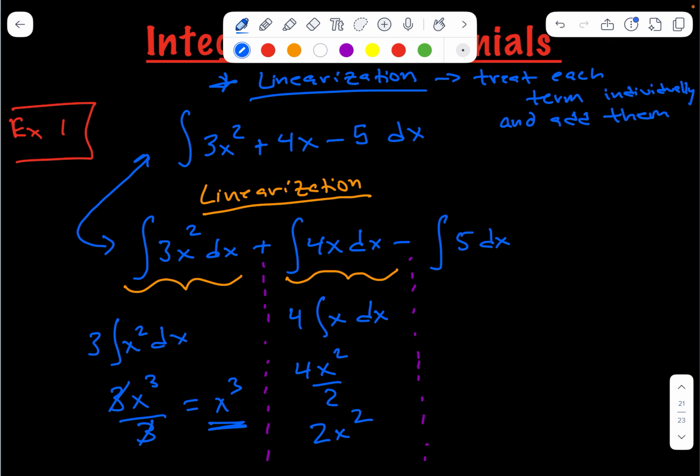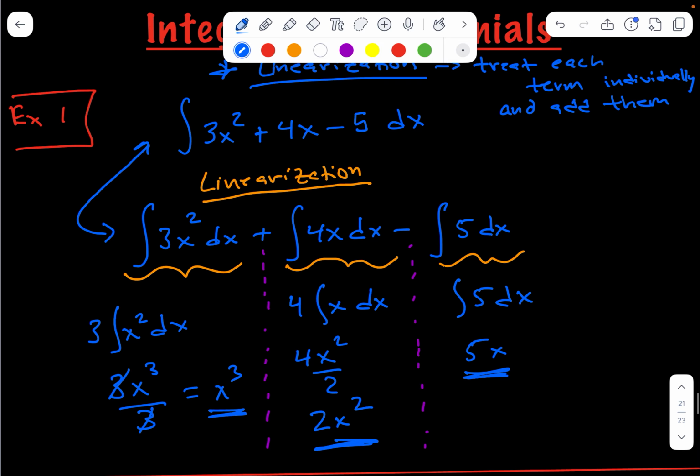So we have our first term and our second term. And then finally, if we go here, we have integral of 5 dx, which, any integral of a constant just becomes 5 times x. And that is our third term.